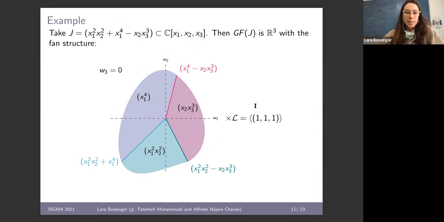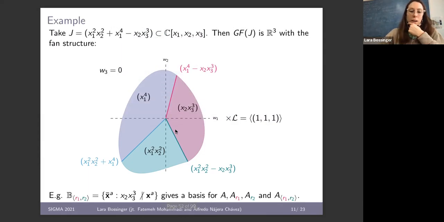And besides that, we have 3 maximal cones that correspond to the 3 monomials in my trinomial and their intersections, whose initial ideals are exactly given by the terms surviving that correspond to the adjacent maximal cones. And then the standard monomial basis, for example, for this purple cone here, is given by all the monomials that cannot be divided by x2 x3 cubed, which is the generator of the monomial ideal.